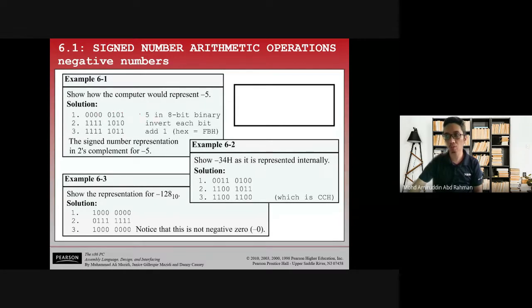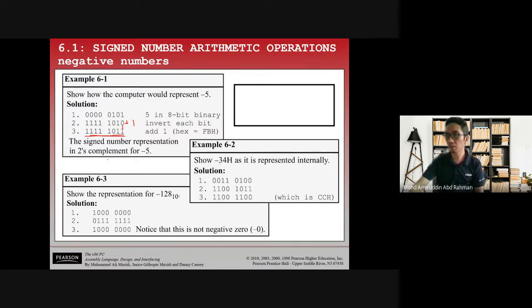To make it negative, we need to take the 2's complement. First we invert that, so it becomes 1111 1010, and then we add 1 to this. So it will become 1111 1011. So this will be minus 5.